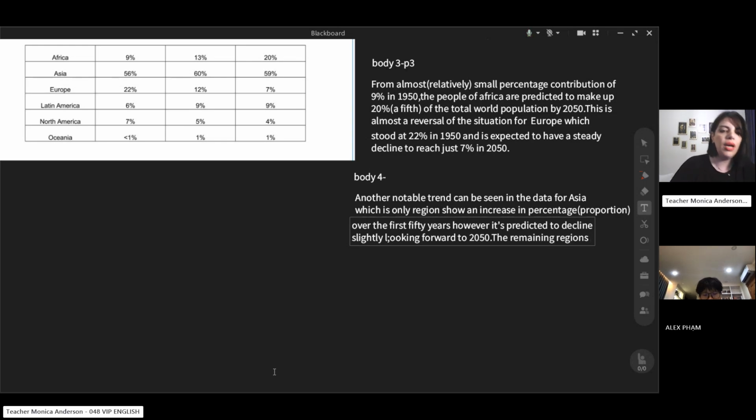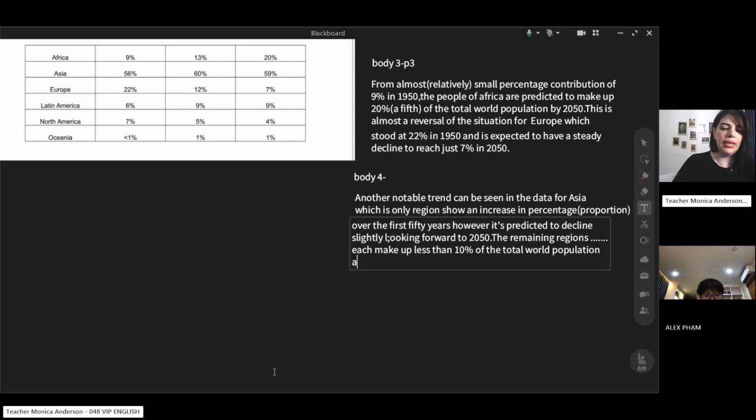And the remaining regions, we can say, like the order, you can mention them one by one, each make up less than 10% of the total world population.